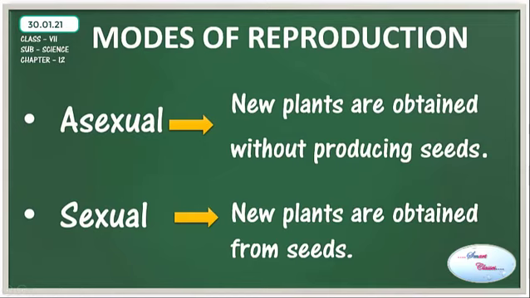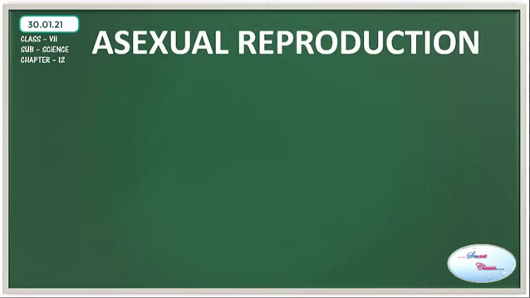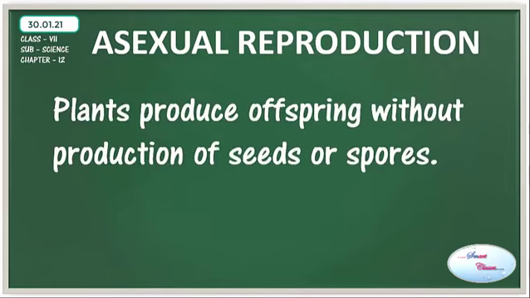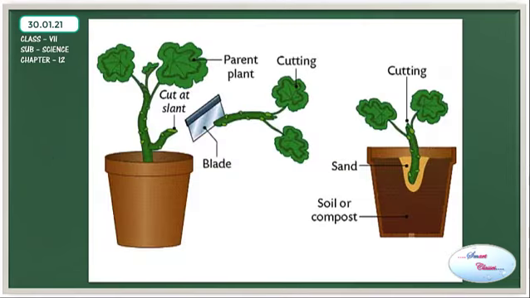Asexual reproduction. Just now we discussed that these are the plants which produce offsprings without production of seeds or spores. For example, here you can see an image of a plant. If I cut the plant with leaves and a small portion of stem, then I place the part of the plant in the soil.